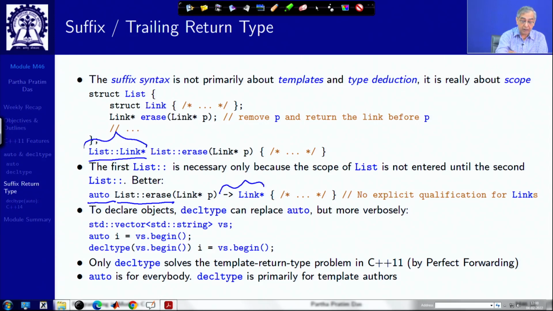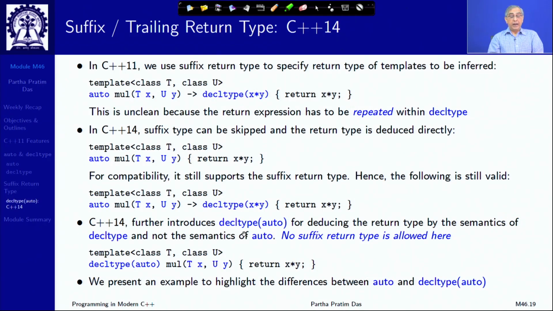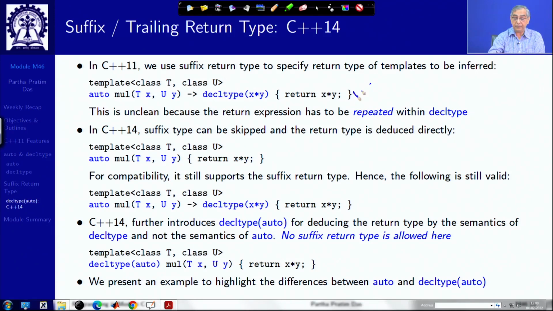So, this is how the decltype specifically helps you in doing a variety of different deductions, and as you can see, we can use it in C++11 in this form.